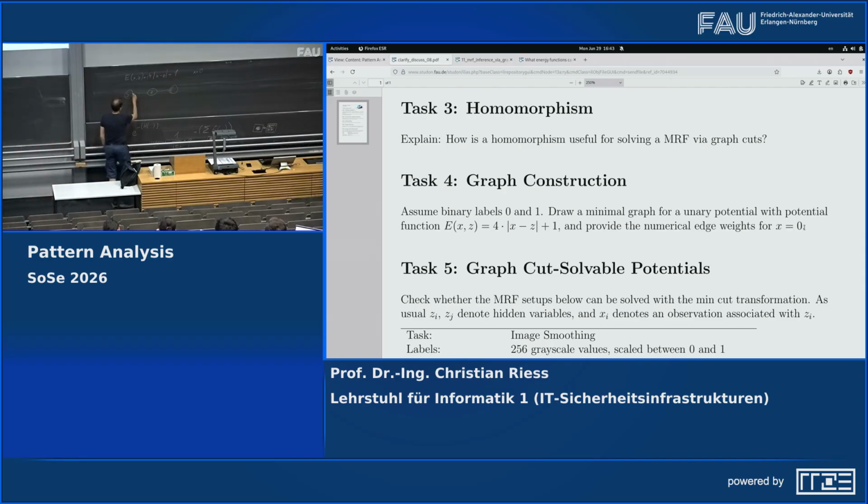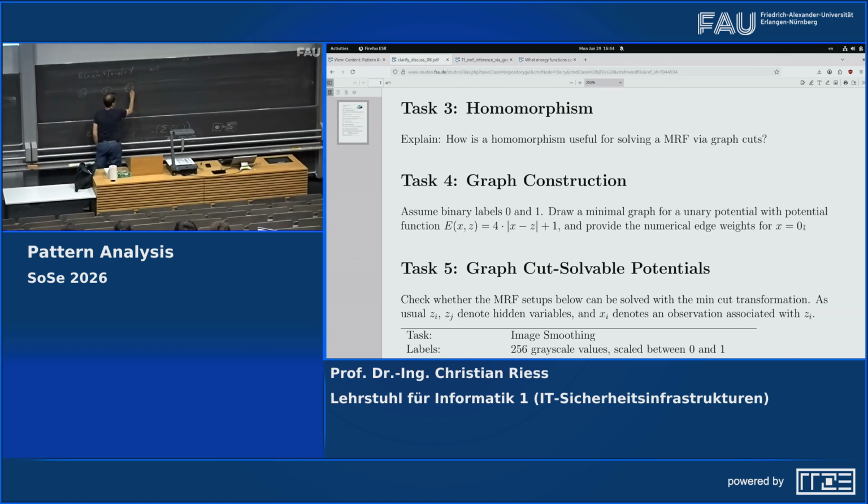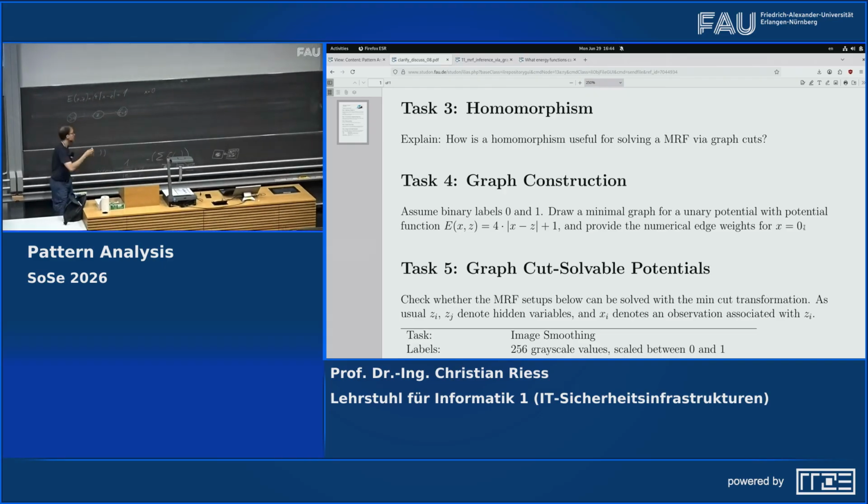So if we cut here, the source corresponds to 0, the sink corresponds to 1. So if we cut here, this would correspond to assigning a 1 to the z, because then it's on the side of the t. So the cost associated with this cut, x is 0, would be to have a 0 and a 1 here.